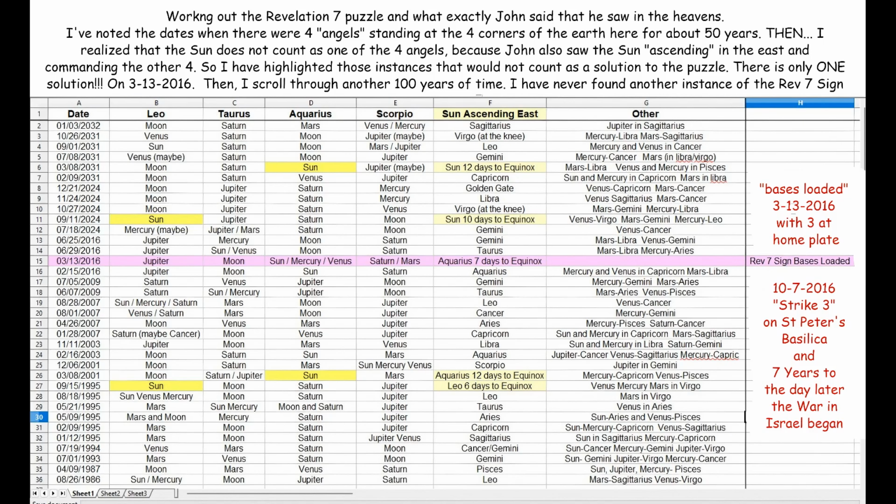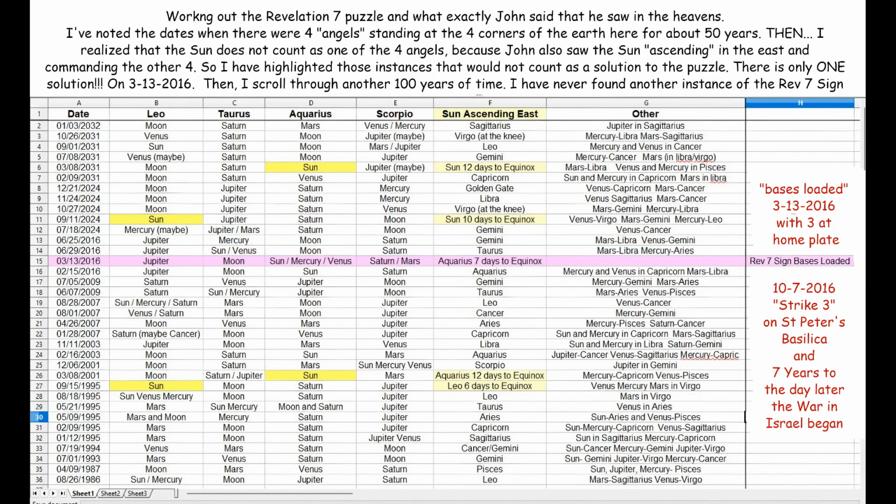There must be 4 angels or planets at the 4 corners, and the sun must also be ascending in either Aquarius or at least near an equinox date of fall and spring right now.